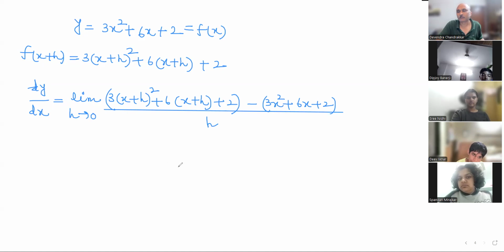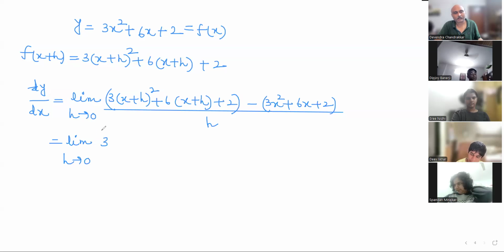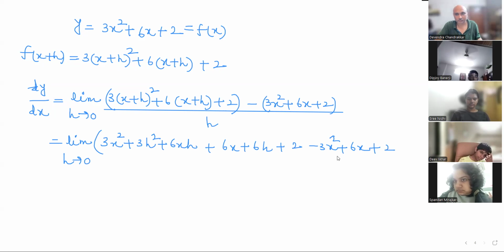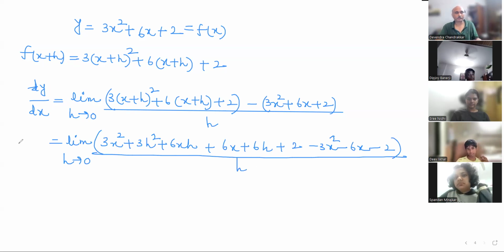So this is limit h tends to 0. I expand it: 3x square plus 3h square plus 6xh plus 6x plus 6h plus 2 minus 3x square plus 6x plus 2. Sorry, minus 2. Got it? Divided by h. I hope all of you understood this. Yes or no?